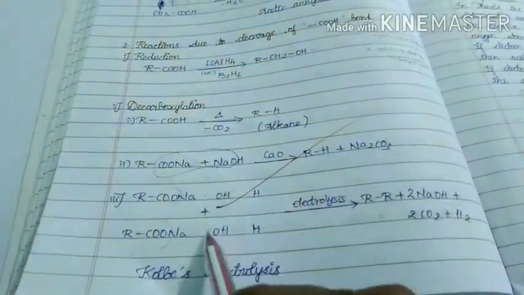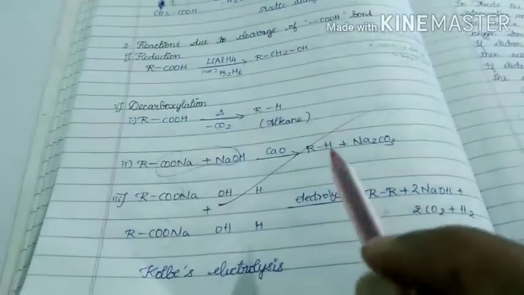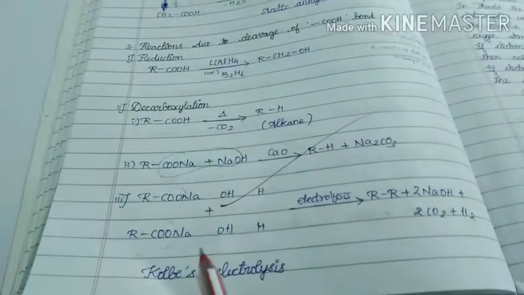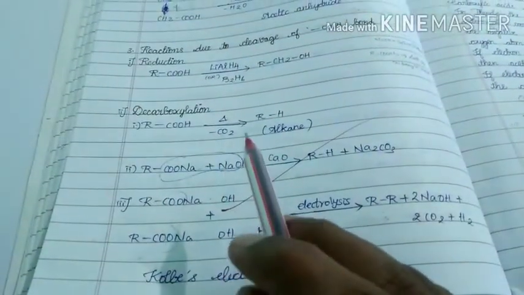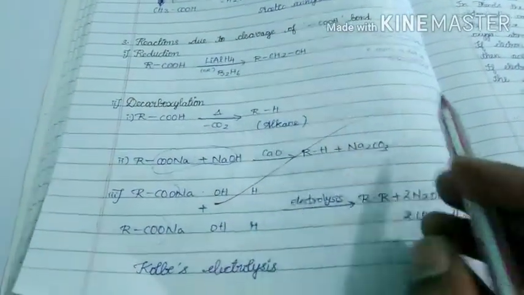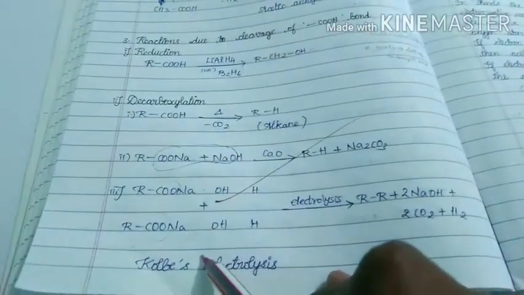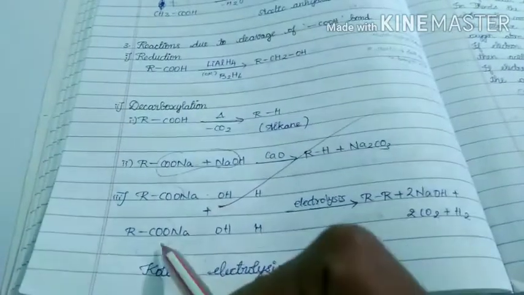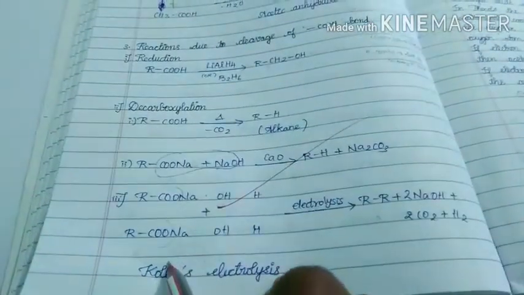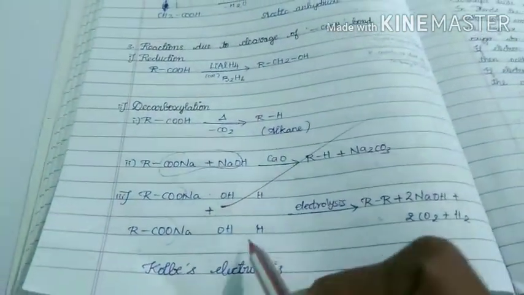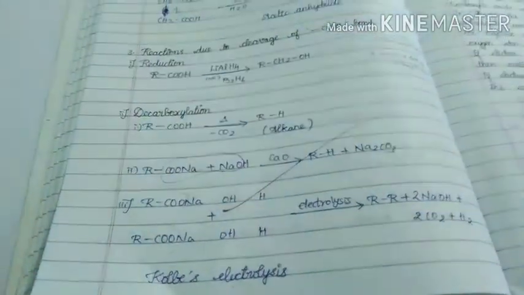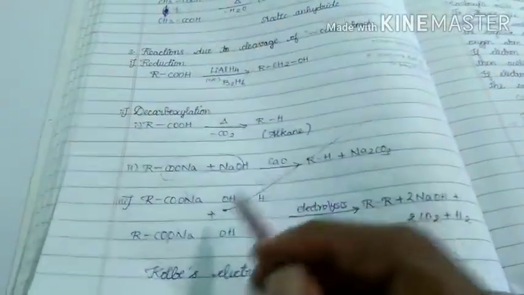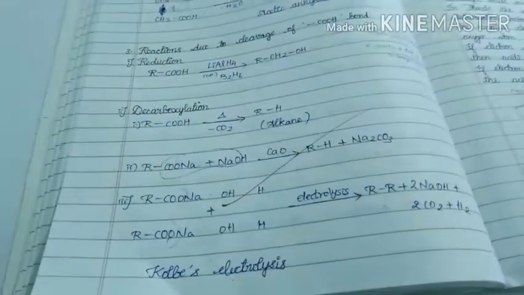So all these reactions come under decarboxylation, because in all these reactions CO2 will be removed. If decarboxylation is asked in the exam, you can write either of the reactions. This one is specifically known as Kolbe electrolysis, but it also comes under the decarboxylation reaction. If you write any reaction, you can get full marks, but it is better to write this reaction.